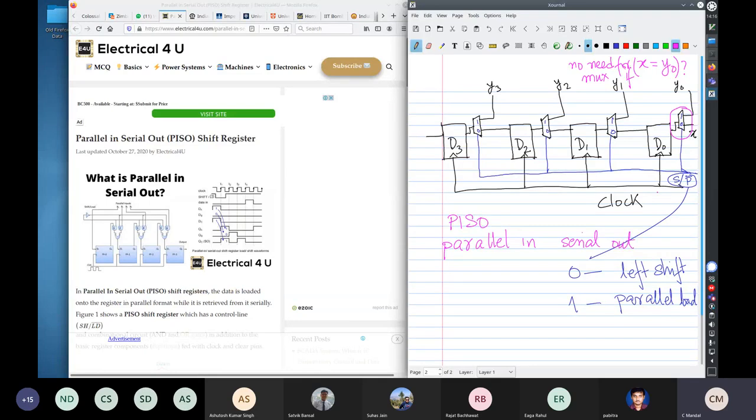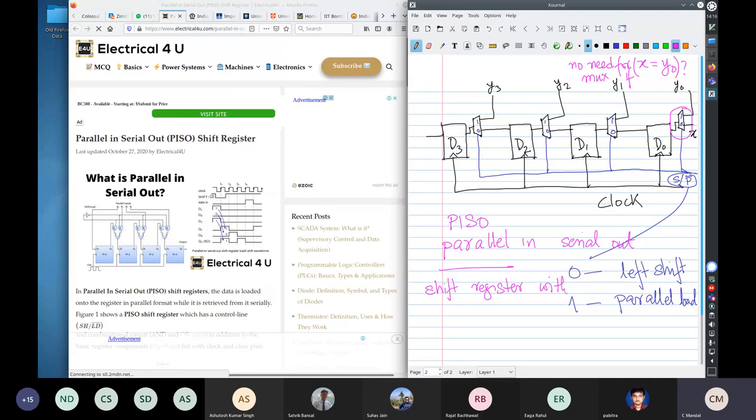Of course, this one can also shift serially. So parallel in, serial out. But you can call it a shift register, more precisely a shift register with parallel load facility.